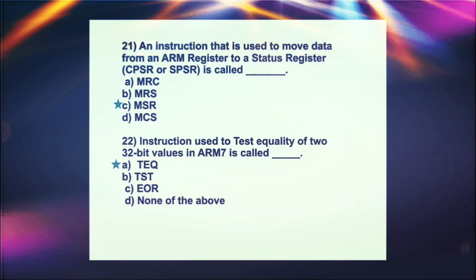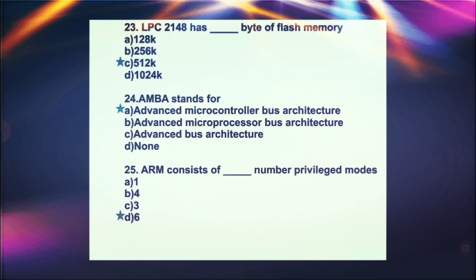Next question. The instruction used to test equality of two 32-bit values in ARM 7 is called: TEQ, TST, UR, none of the above. The correct answer is TEQ. One more question. LPC 2148 has dash bytes of flash memory: 128K, 256K, 512K, 1024K.